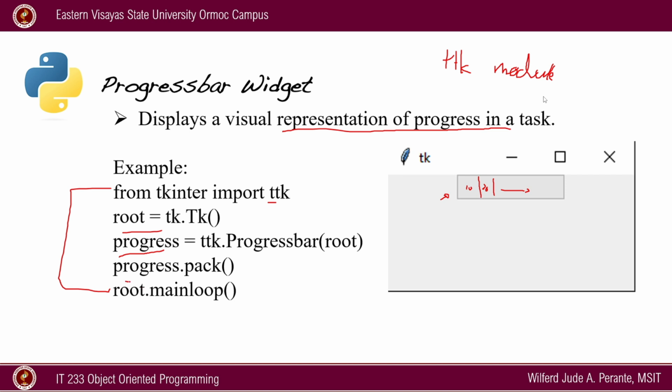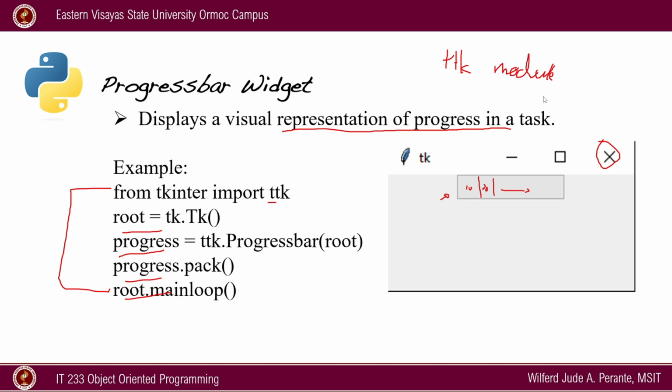Then progress.pack packs the progress widget in the window and makes it visible. And root.mainloop starts the Tkinter main loop, keeping the window open until it is manually closed.